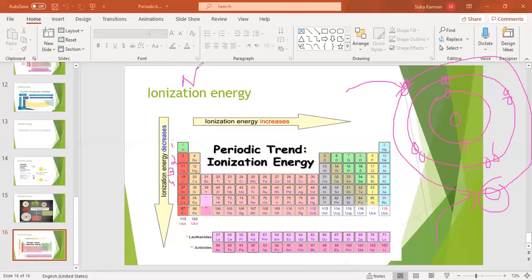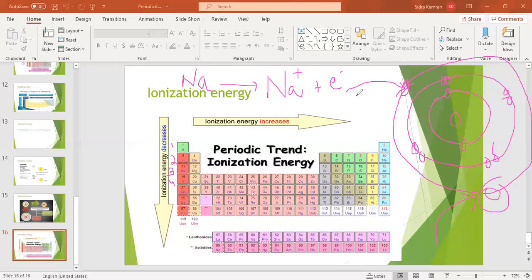Sodium has 1 electron in its outermost shell. If you want to remove that electron from sodium to make it an ion, when the electron is removed, sodium will contain a positive charge. It becomes an ion by the removal of an electron.